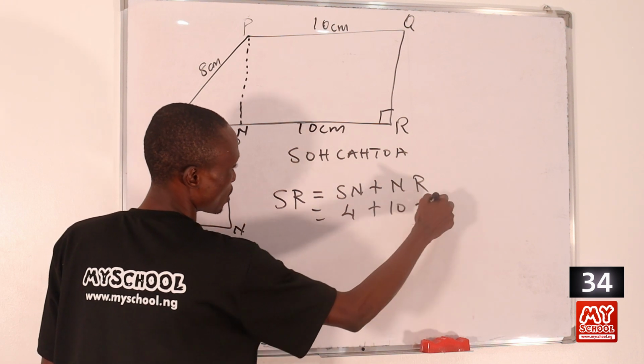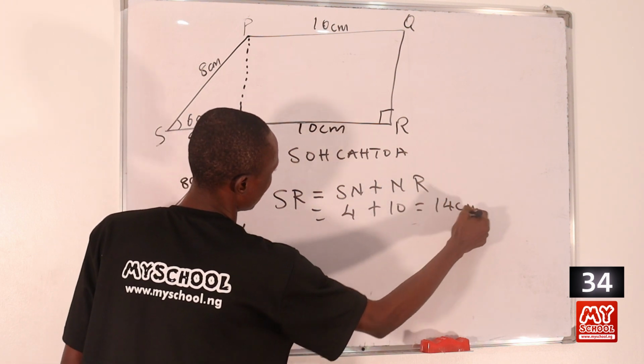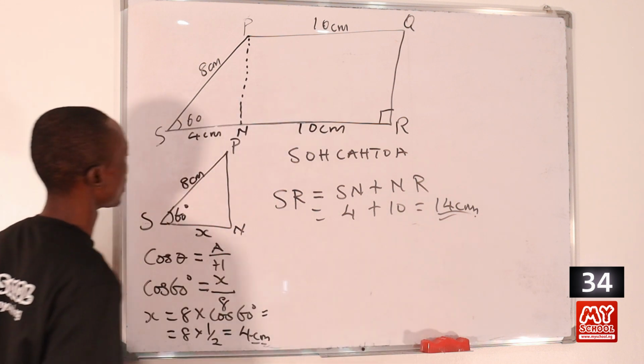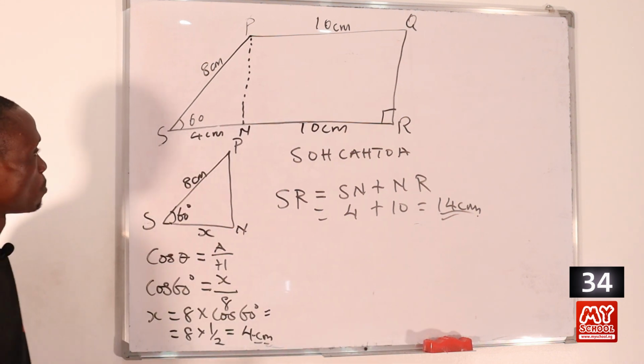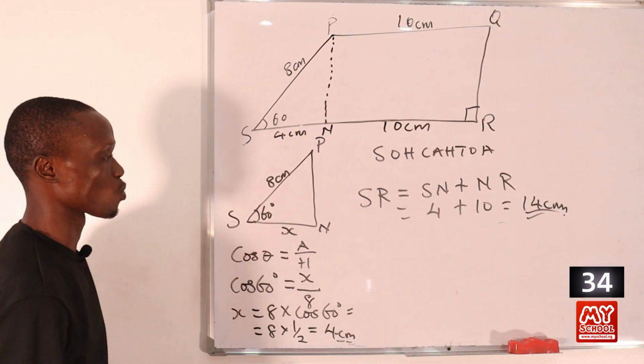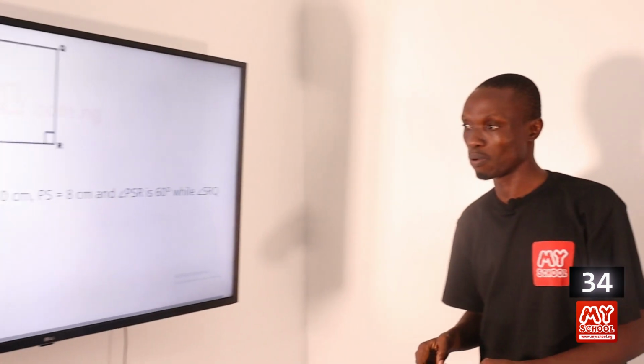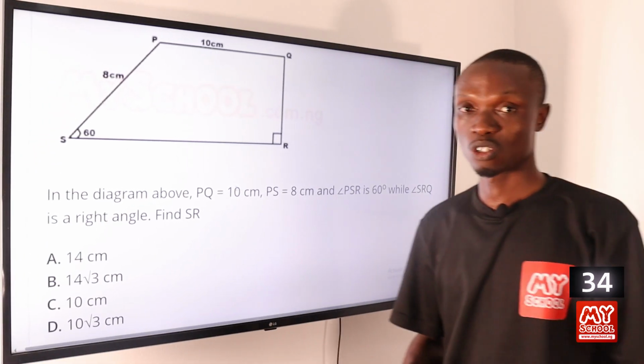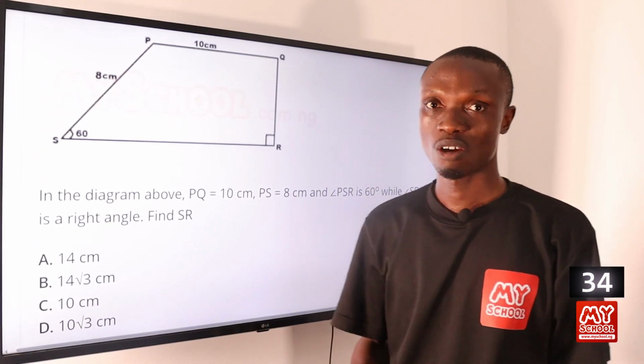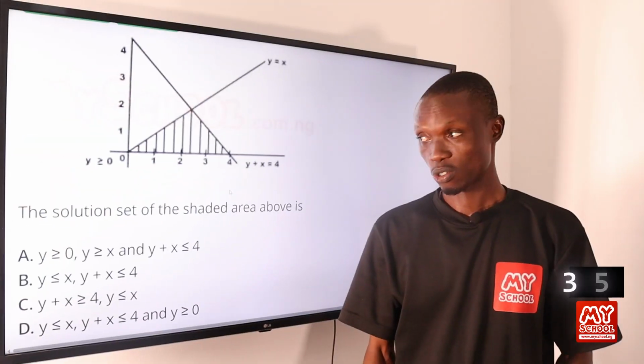If we add it together, that will be equal to 14 centimeters. So we can conclude that the distance between S and R is equal to 14 centimeters. So let's return back to the board to pick the correct option to this question, and that is option A, 14 centimeters.